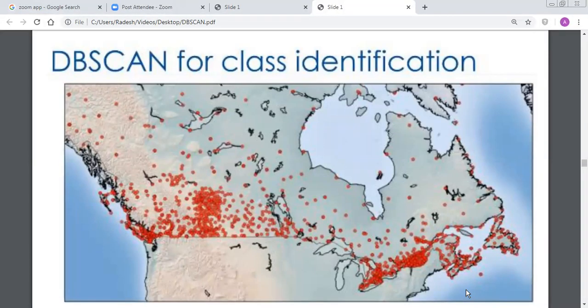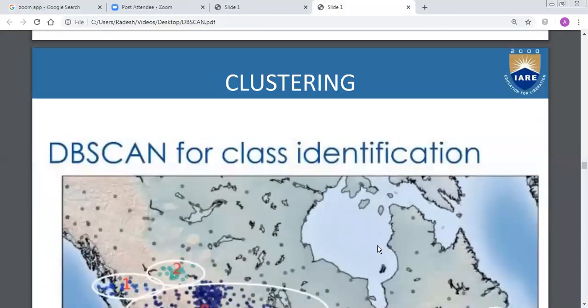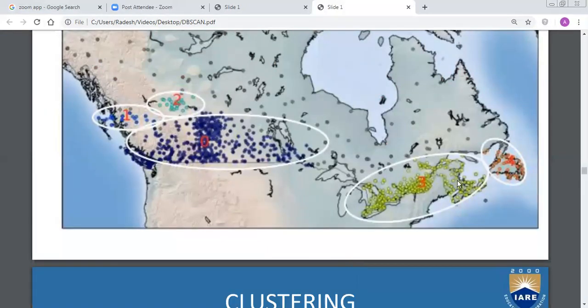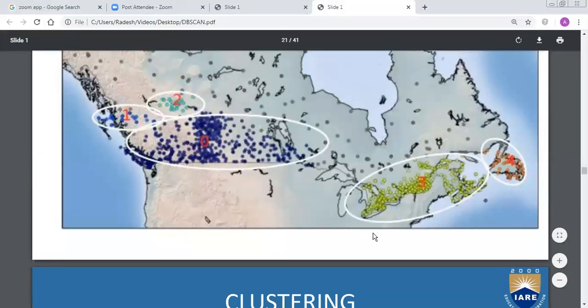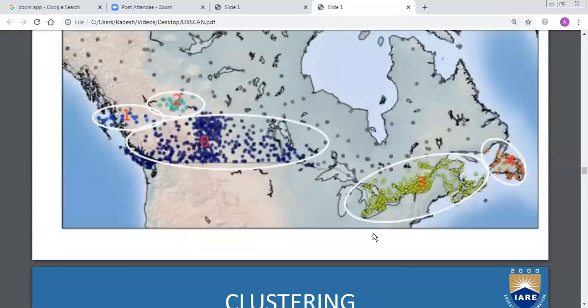But once we implement the DBSCAN algorithm, they are formed in this particular fashion. Few will be represented here in the form of one shape. Here, 1, 2, 3, 4, 5. So we have 5 clusters represented here.